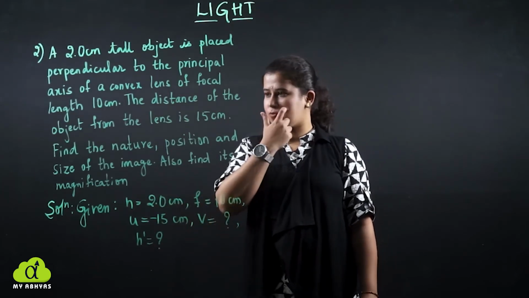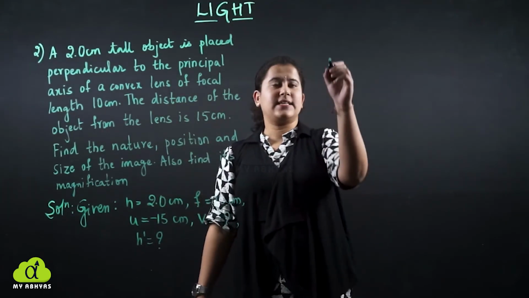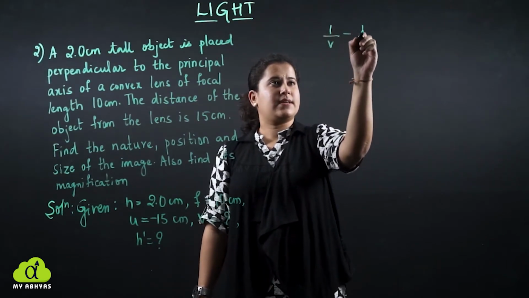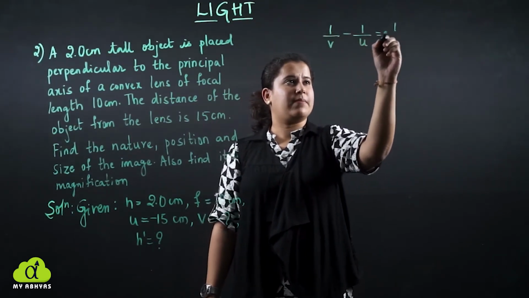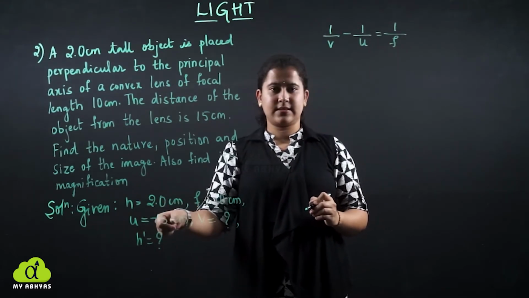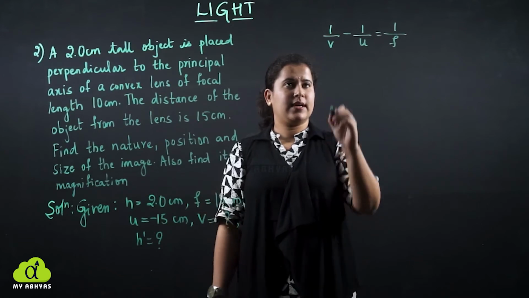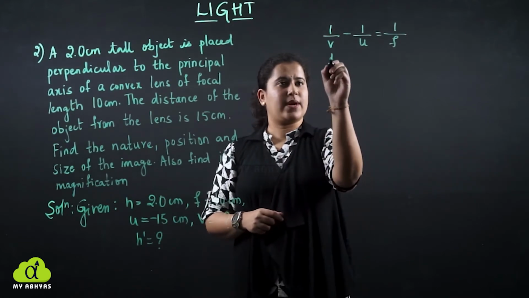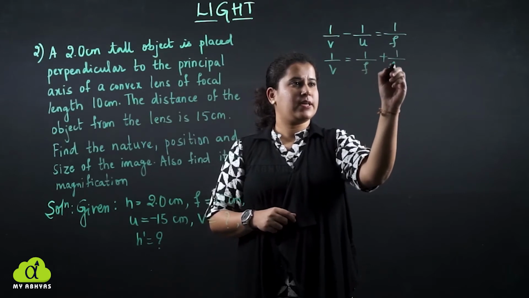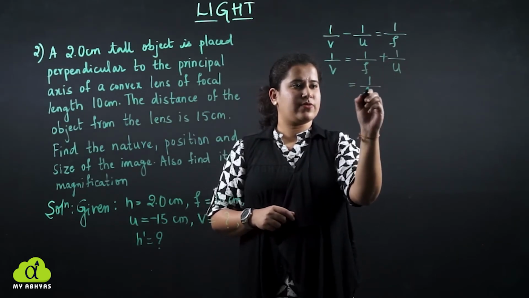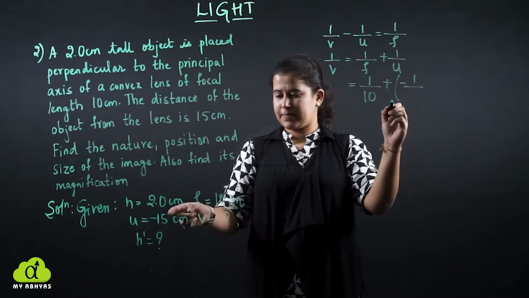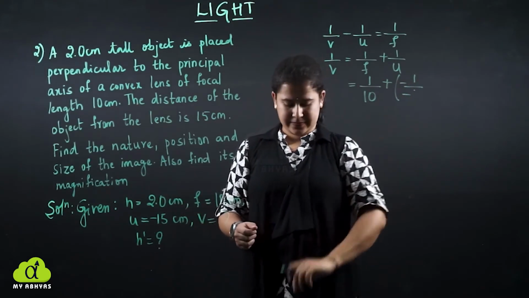In the next step, we'll put the lens formula. So what is the lens formula? Lens formula is 1 by v minus 1 by u equal to 1 by f. They have given me the object distance and the focal length, and I have to find out the image distance. So 1 by v is equal to 1 by f plus 1 by u. So 1 by f is 1 by 10 plus of minus 1 by 15.